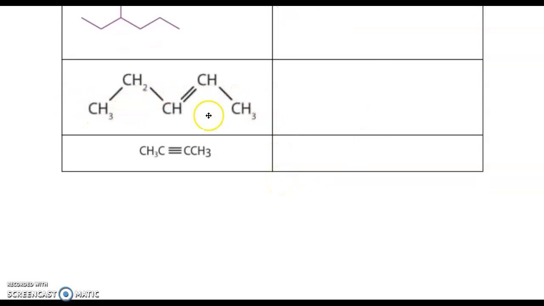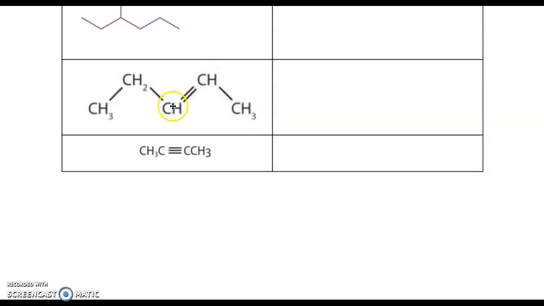Let's look at this. This is an easier one as well. This is just a long chain with no alkyl groups attached to it. So you just need to specify where your double bond is. Is it at the second carbon or is it at 1, 2, 3, the third? 2 is a smaller number compared to 3, so we'll start at 2. We'll start counting from the right side.